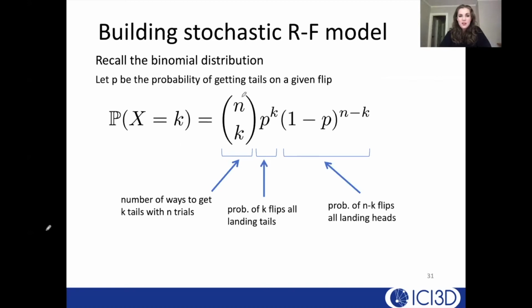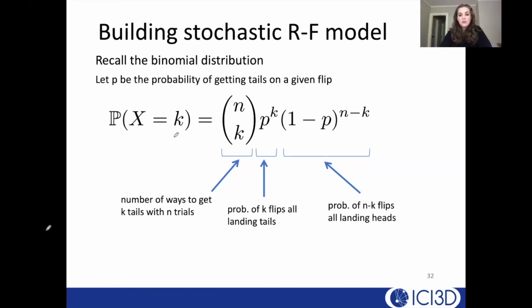This factor in the front, the binomial coefficient, is the number of ways to get k tails with n trials, and then p to the k is the probability of getting k flips all landing tails, but then we need the rest of the flips to be heads. So we multiply by the probability, 1 minus p to the n minus k. And this gives us the probability of getting k tails.